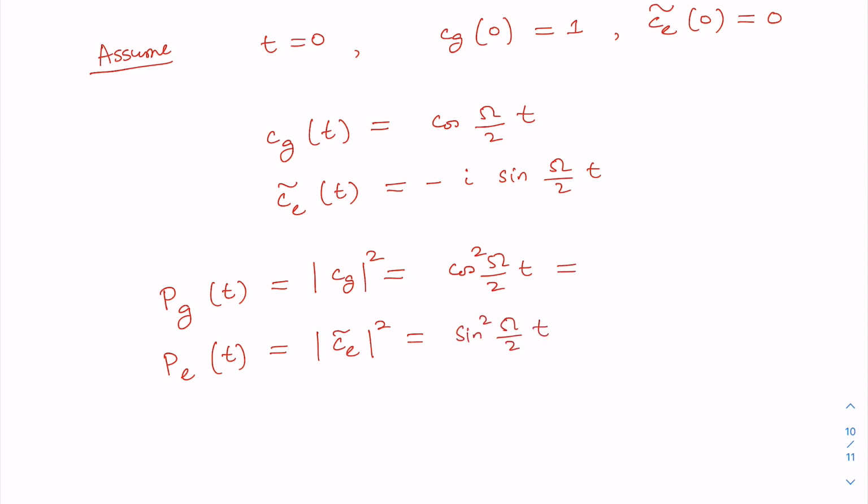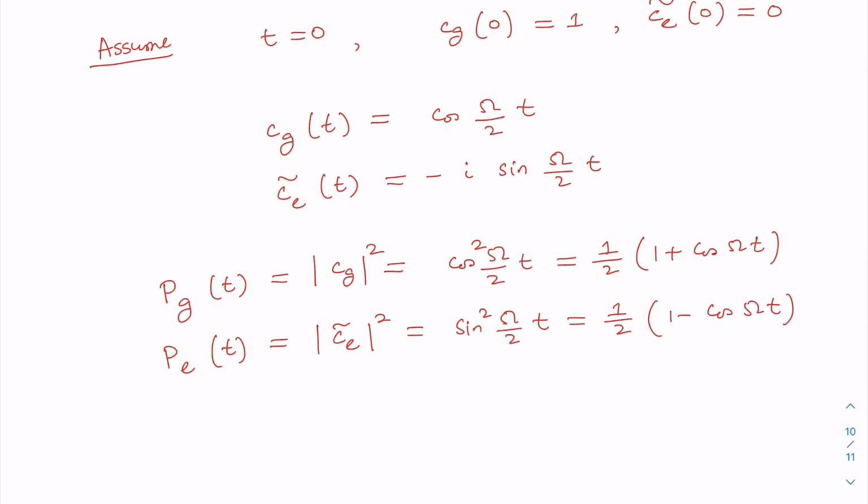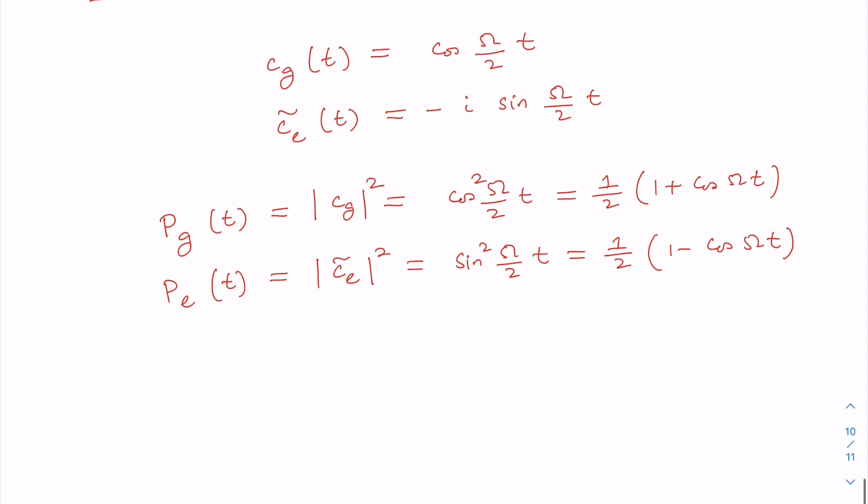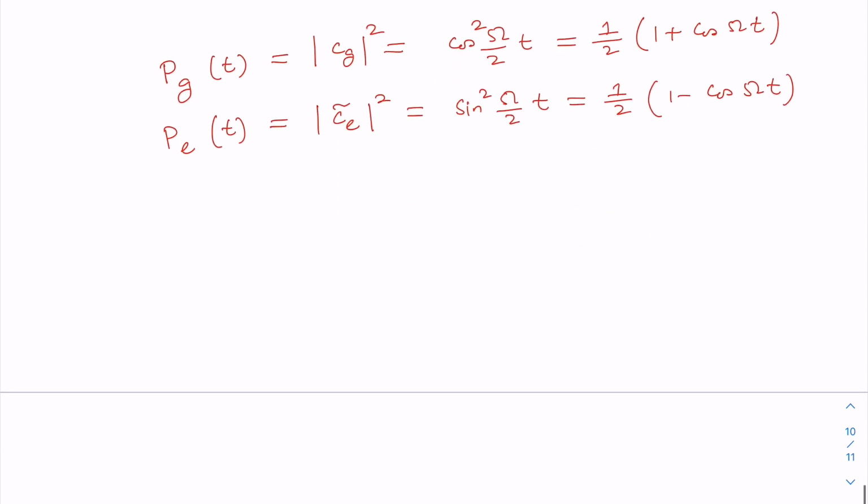In fact, I can write cos squared(Ωt/2) as half of 1 plus cos Ωt, and this one I can write as half of 1 minus cos Ωt. Clearly, the population oscillates between the ground state and the excited state at angular frequency Ω. This oscillation phenomenon is referred to as Rabi flopping.